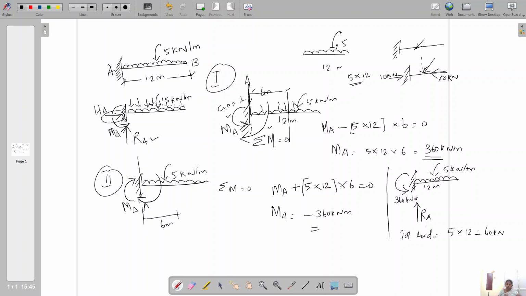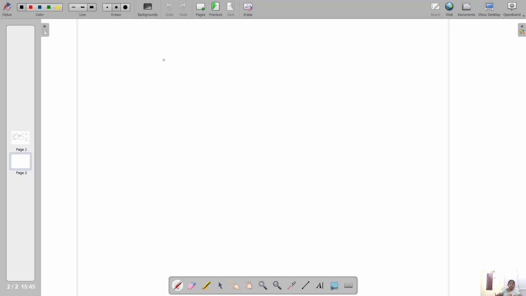So the total load is carried by support A. Now we have both values: RA is 60 kilonewton and the moment is anti-clockwise 360 kilonewton meter.